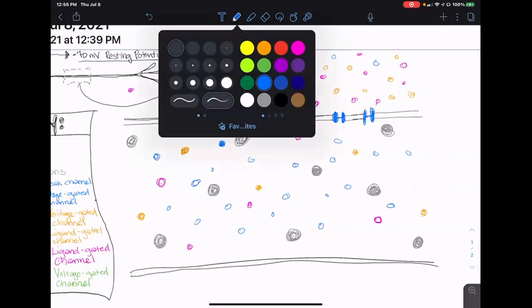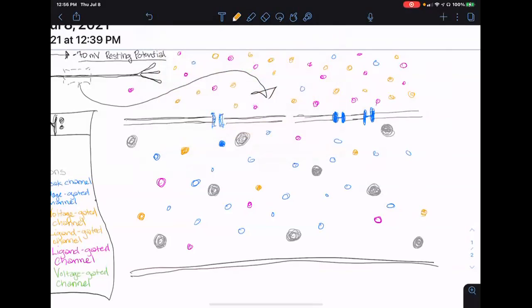We also have sodium voltage gated channels. Sodium voltage gated channels have kind of an oval shape. I'll draw another one in here.